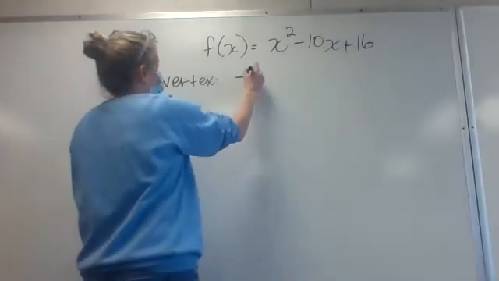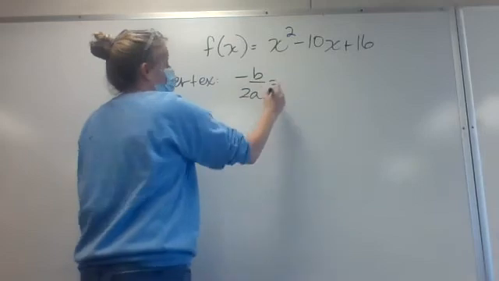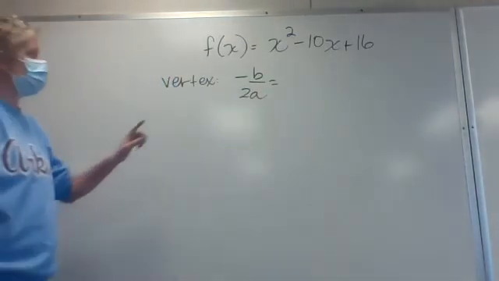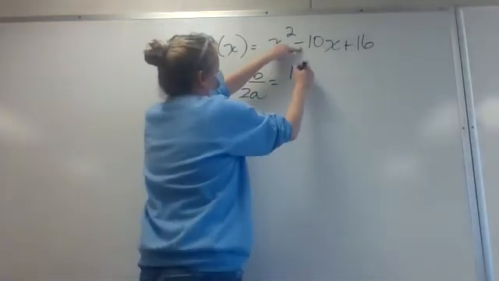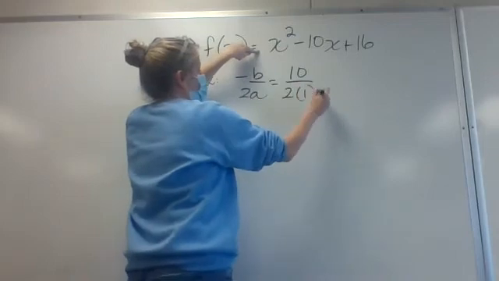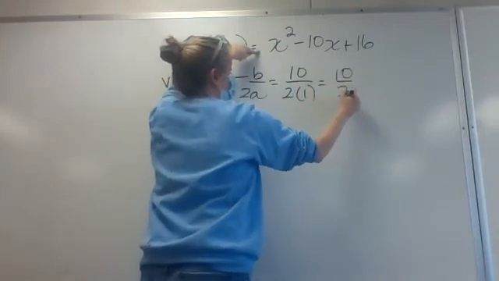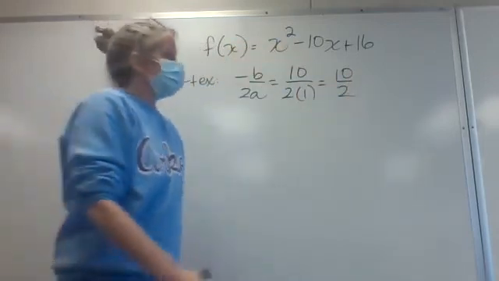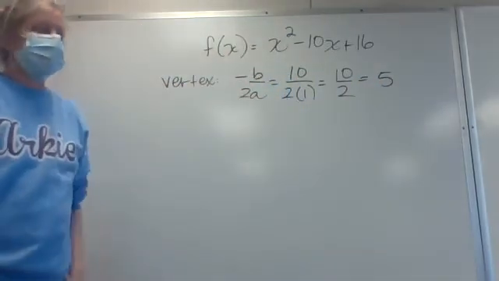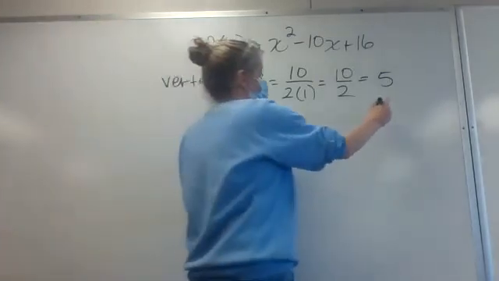So I will use the opposite of b over 2a, which will give me the x coordinate. What's the opposite of b? Positive 10. 2 times a will be 2. So 10 over 2 gives me 5. So that's the x coordinate of the vertex.